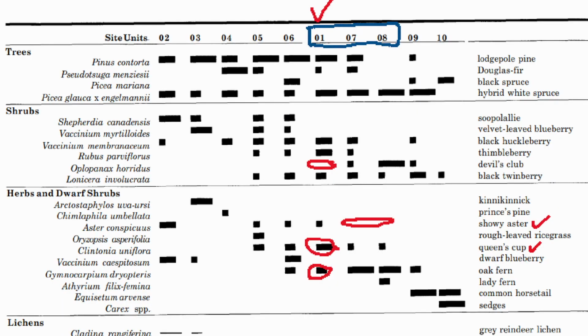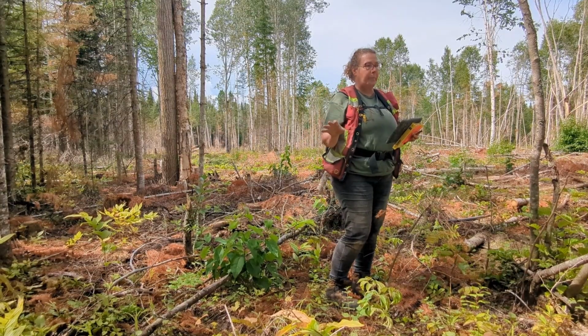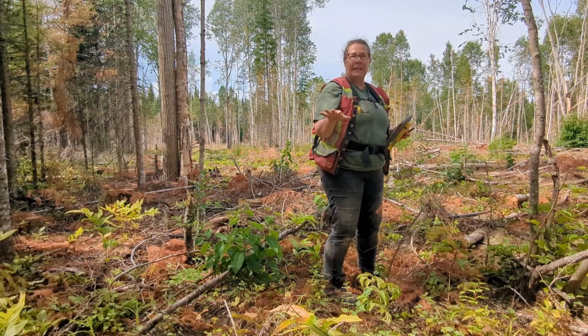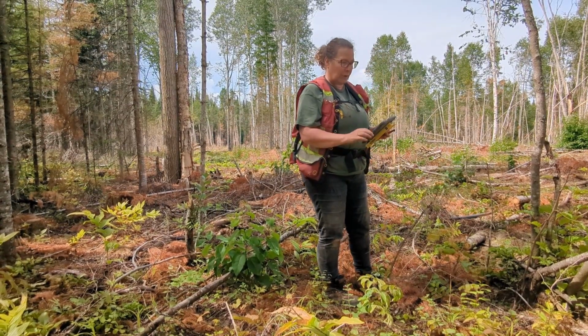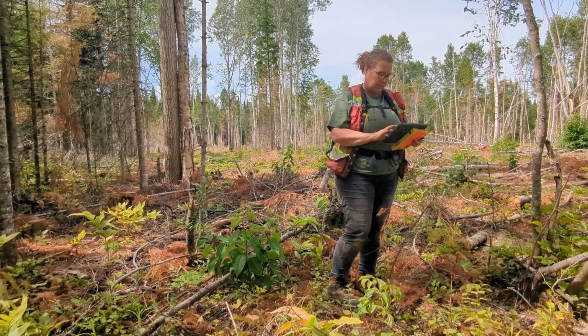Oak fern. So in an 07, it's really abundant, and it's present but not abundant in an 01. And I'm kind of feeling that vibe here, that there's oak fern here, but not in any great kind of presence.